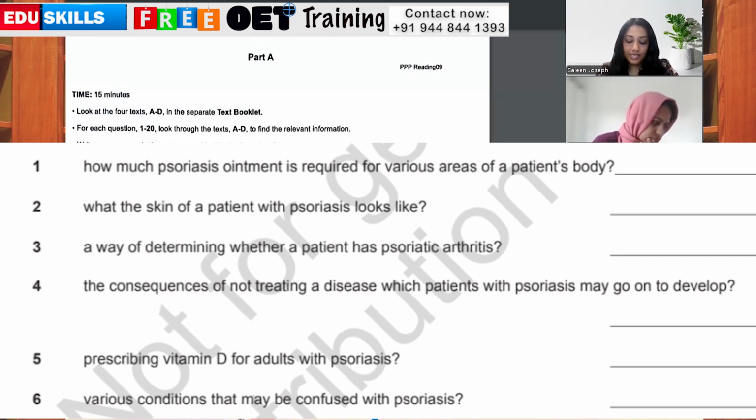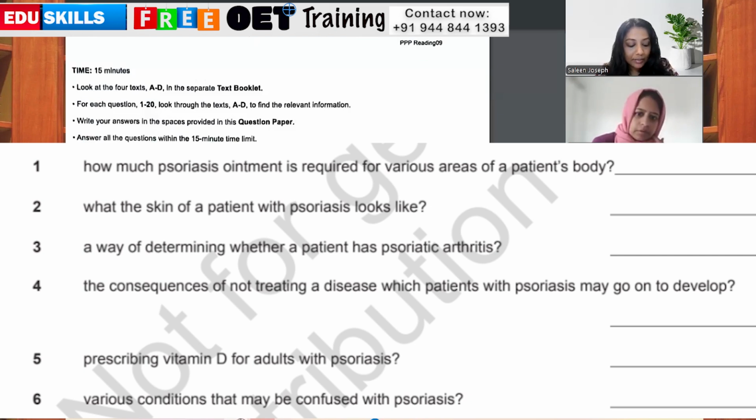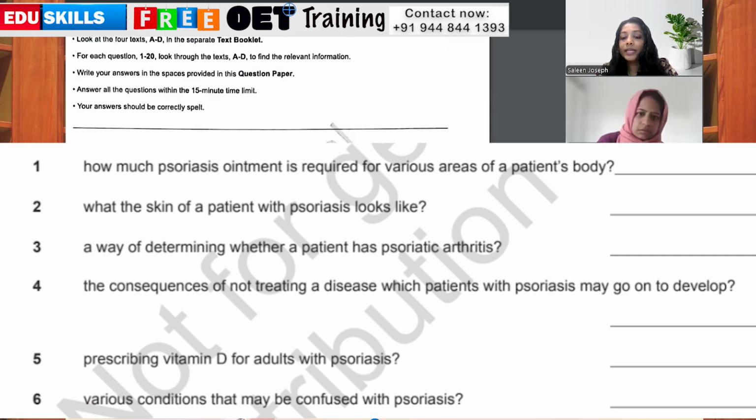C. Then prescribing vitamin D for adults with psoriasis. So vitamin D. B. Yes. Now, various conditions that may be confused with psoriasis. In which paragraph have they mentioned conditions? Description A. Yes, in A they have mentioned many conditions.